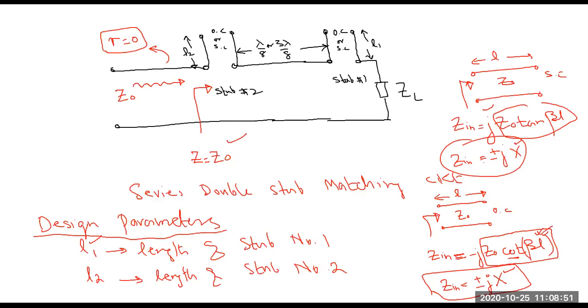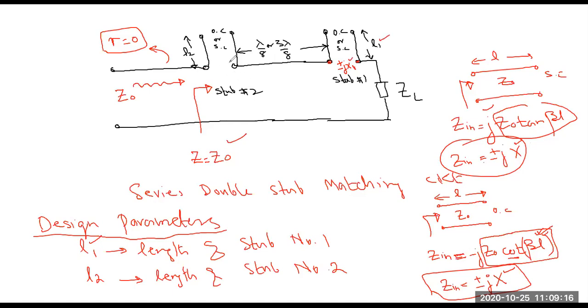Again, we need to know how much reactance we need. When we connect the stub at this position, we will find out how much is the required susceptance. So let's say we may require minus plus jX1. Once I know how much X1 I require, I can find out the corresponding length.